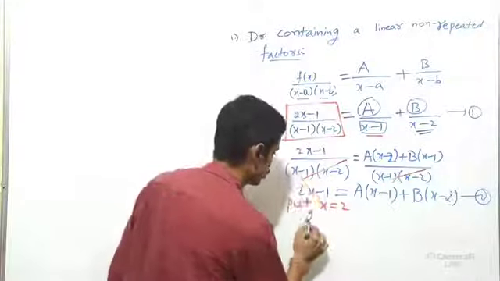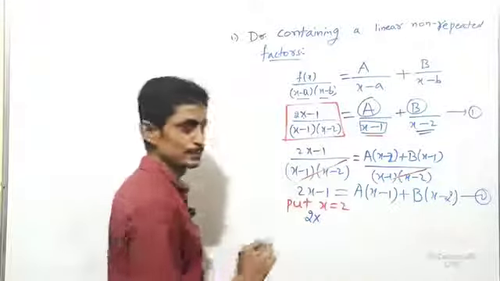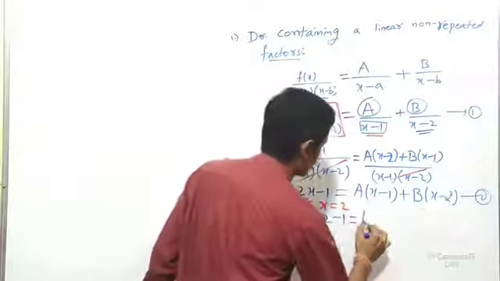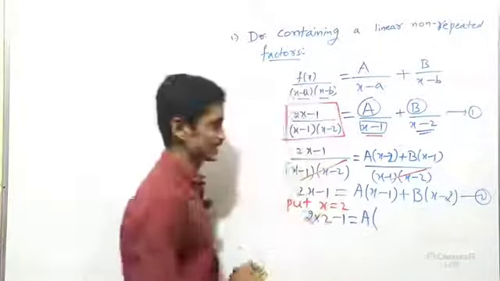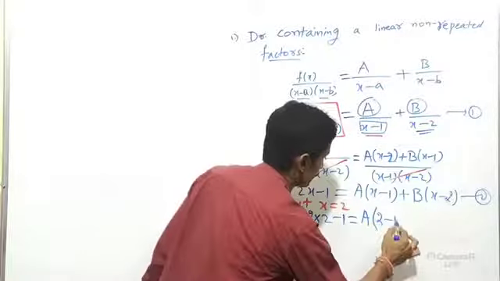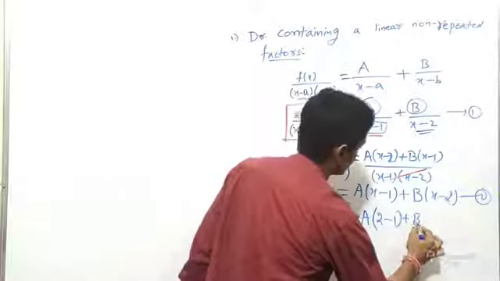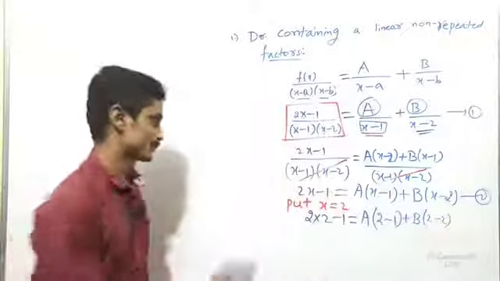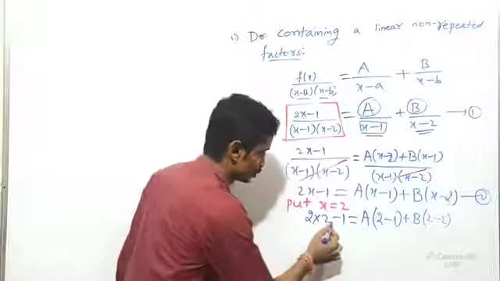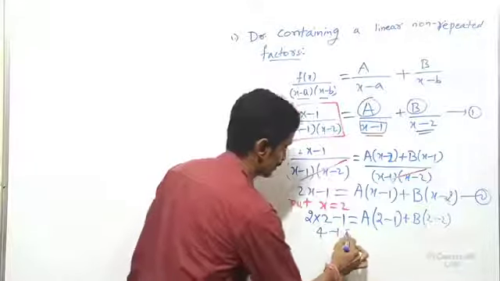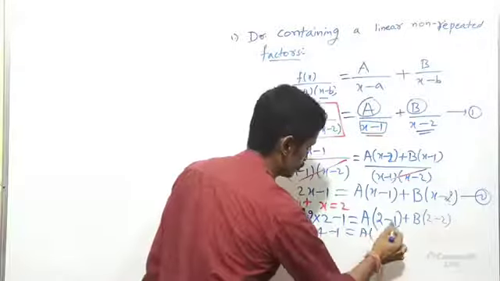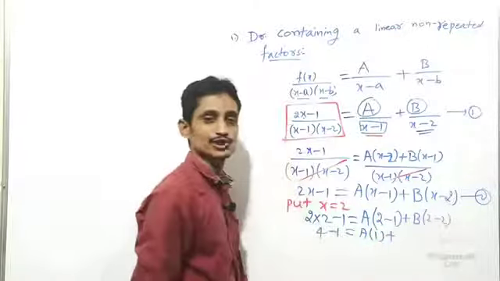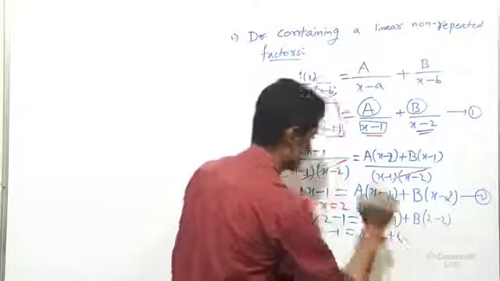So 2 into, what is my x value, that is 2, minus 1 is equal to a into 2 minus 1 plus b into 2 minus 2. Automatically it becomes 0. Now calculate: 2 twos are 4 minus 1. a into 2 minus 1 will be 1 plus b into 2 minus 2 is 0. 0 into anything should be 0.